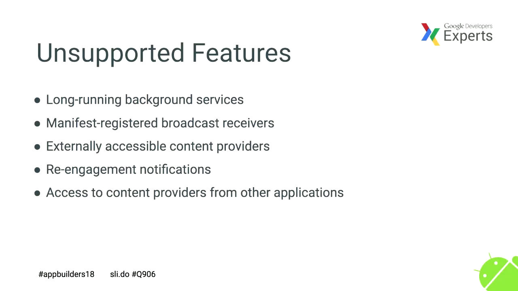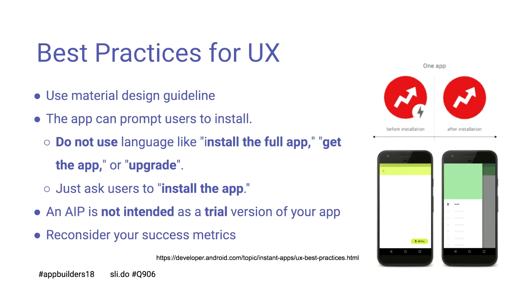There are some unsupported features, of course. Long-range background services, manifest-registered broadcast receivers, externally accessible content providers, re-engagement notifications, and access to content providers from other applications won't be allowed. But you don't need them in an instant app, actually.